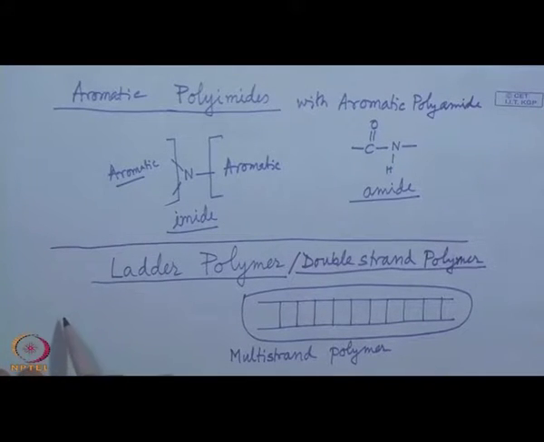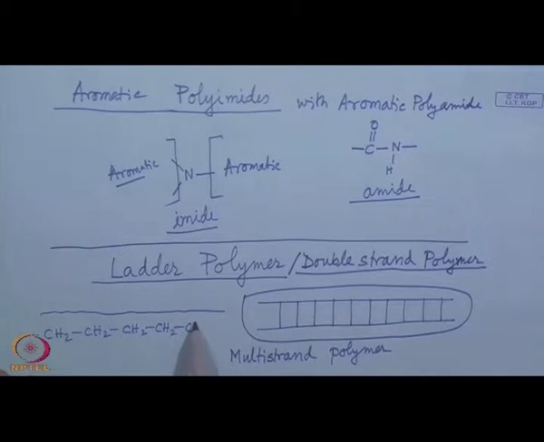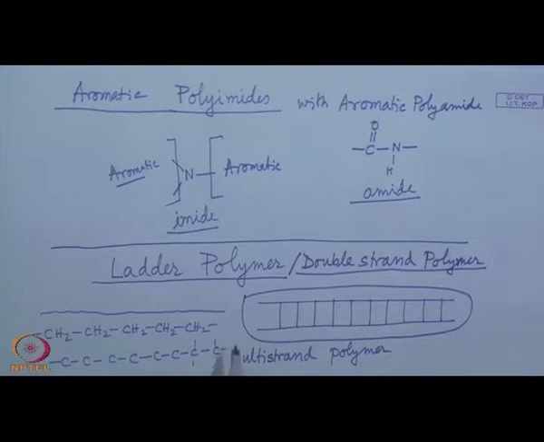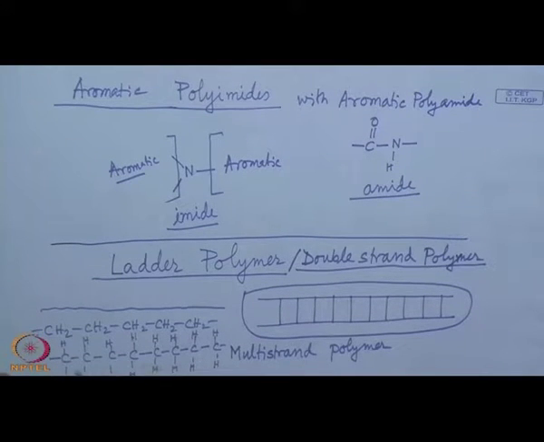In contrast to a single strand polymer, say polyethylene, the formula can be like this, having a carbon chain backbone, a backbone made of carbon atoms only, and the valencies of carbon are satisfied with hydrogen atoms. Now, this is a single strand polymer.